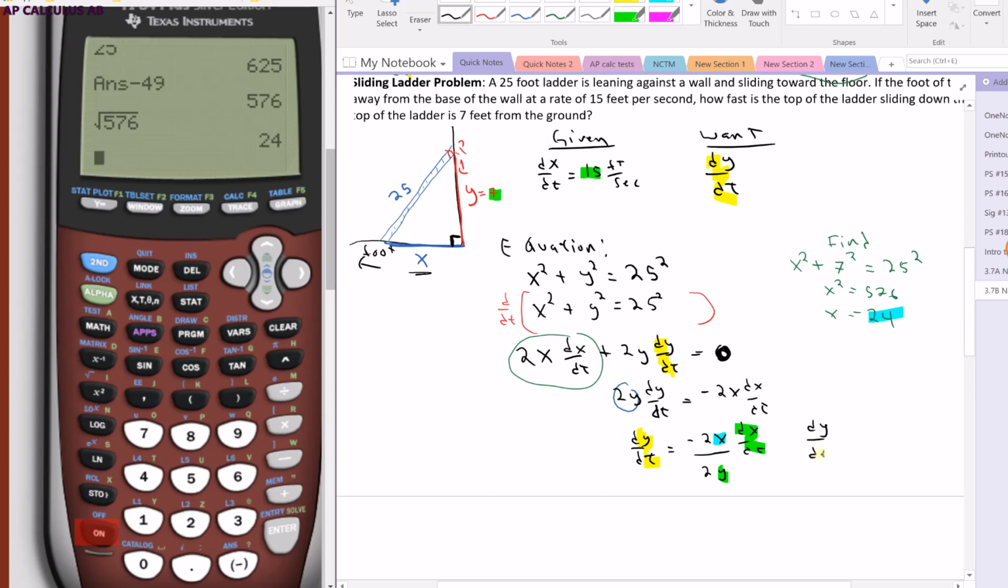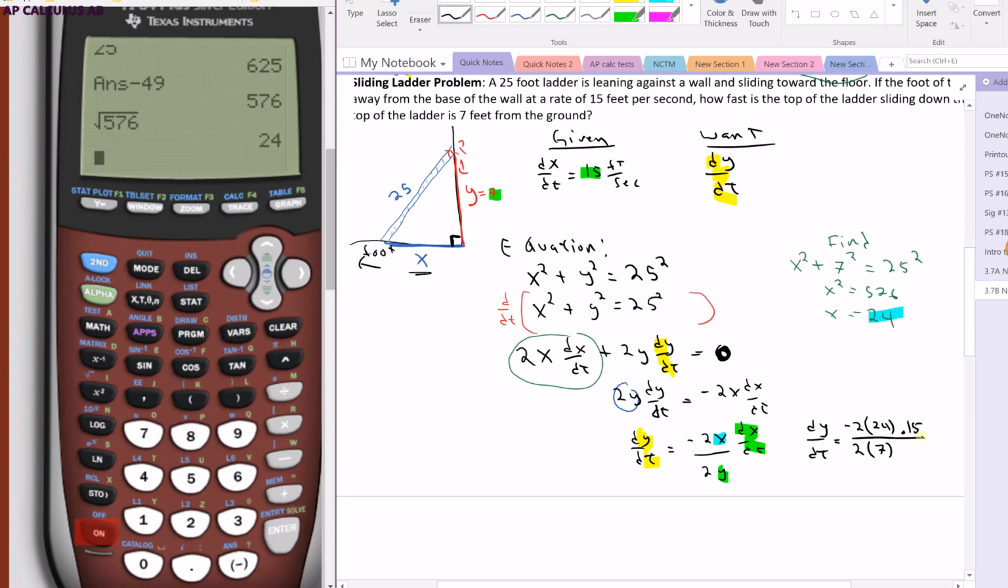So dy/dt is going to be negative 2 times 24 over 2 times y, where y is 7, times dx/dt, where dx/dt is 15. And just do all that.